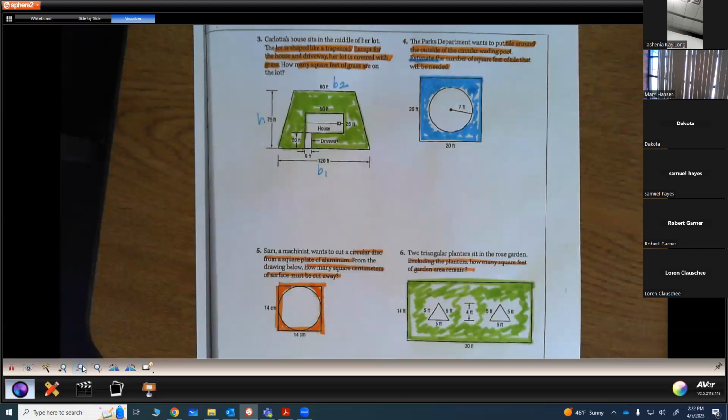So they're going to do one half, 120 plus 80. That'll give you the area of the whole trapezoid. Okay, so that's how to get started on that one.